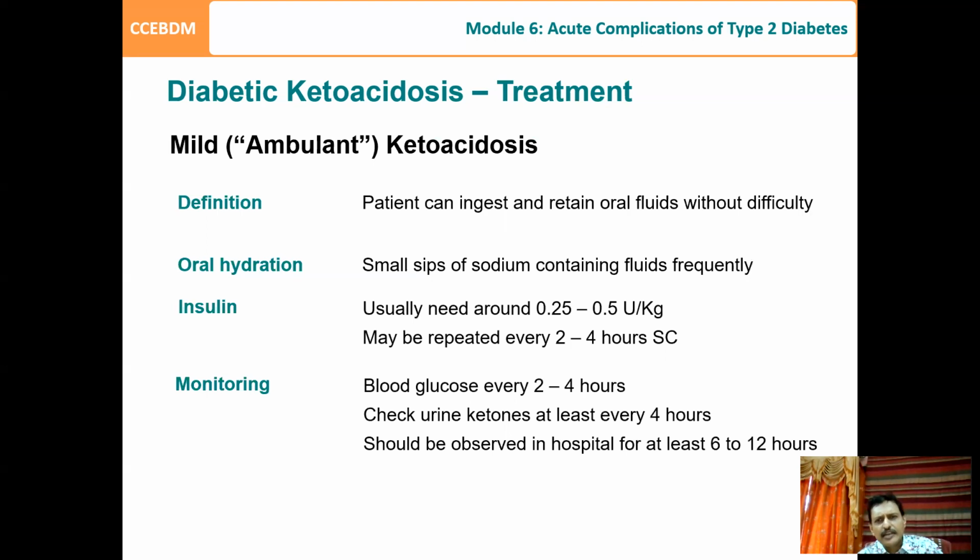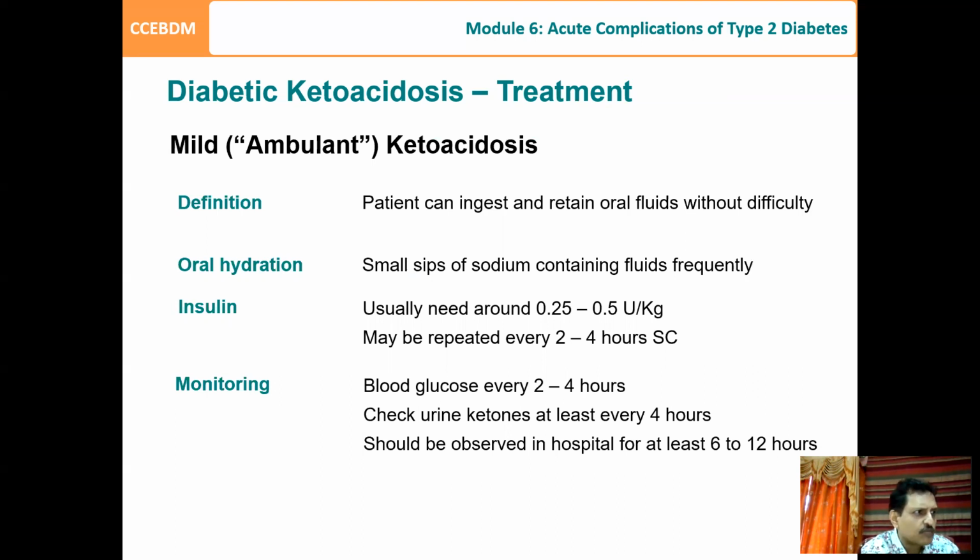So in case of mild ketoacidosis, some people believe that we can give oral hydration, not intravenously, and we can give the insulin injection subcutaneously, and we can check the blood glucose every 2 to 4 hours.